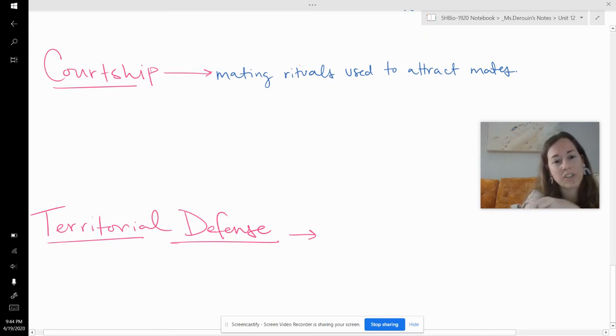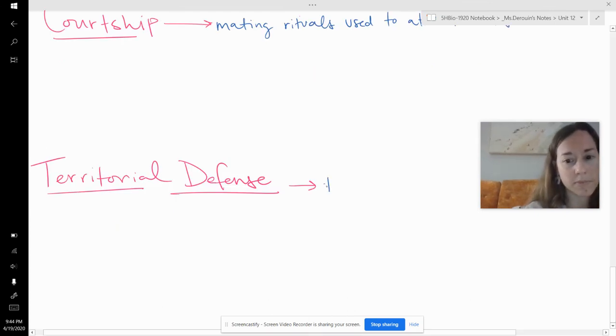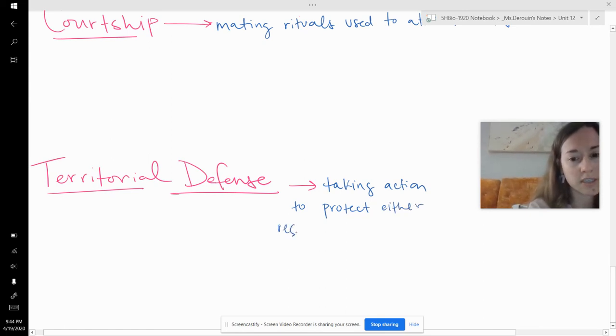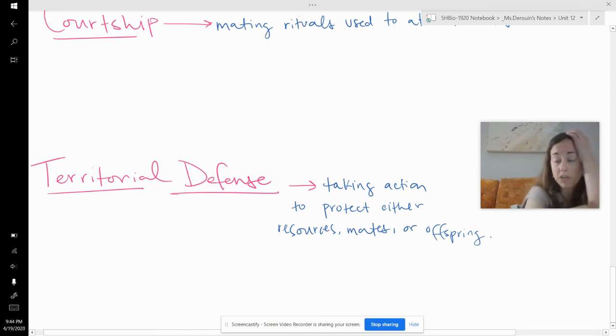And then territorial defense is defending your territory. So this is taking action to protect either resources, like food or land, mates, or offspring. And some animals are a lot more territorial than others.